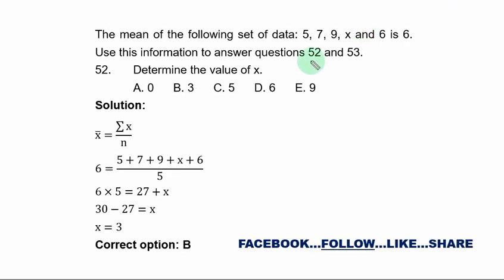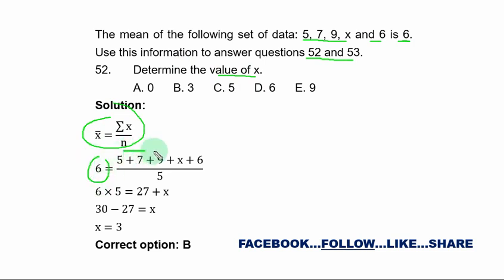The mean of the following set of data 5, 7, 9, S, and 6 is 6. Use this information to answer questions 52 and 53. Question 52, determine the value of S. This is the mean formula, so the mean is 6.